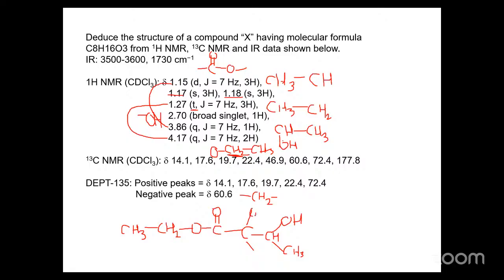These two methyls are not chemically equivalent, because they are attached to the carbon which is attached to four different groups: one is OH, one is methyl, hydrogen, and this. So this carbon becomes an asymmetric carbon. Hence these two methyls become diastereotopic and they are coming at 1.17 and 1.18. So this is the structure of the molecule. I hope everybody was able to get the structure.